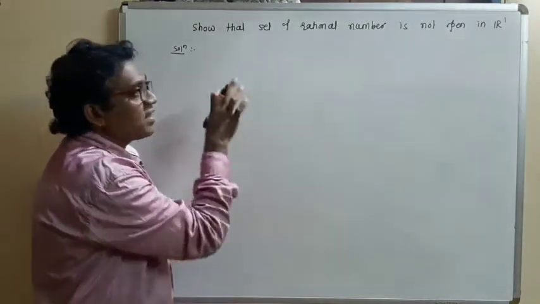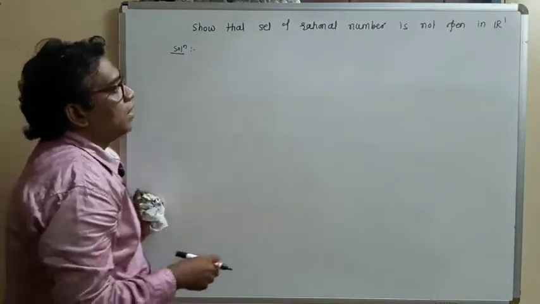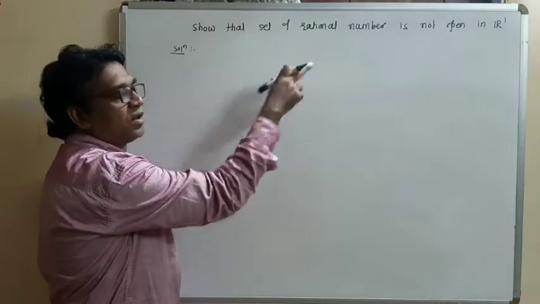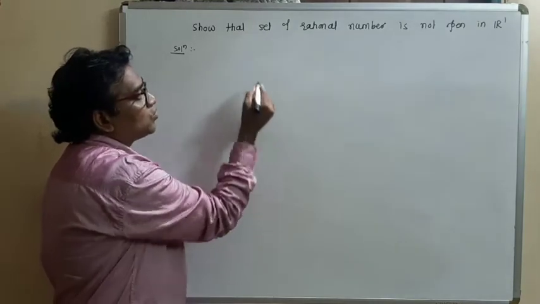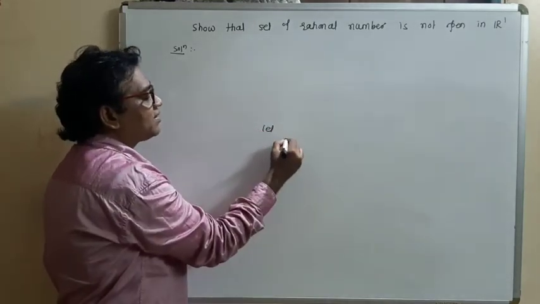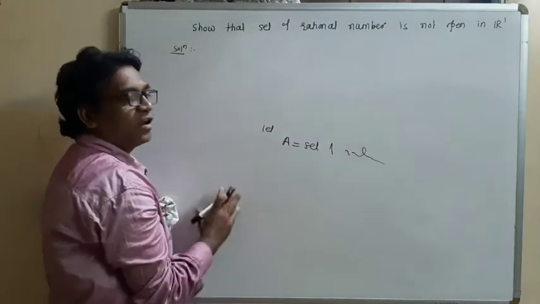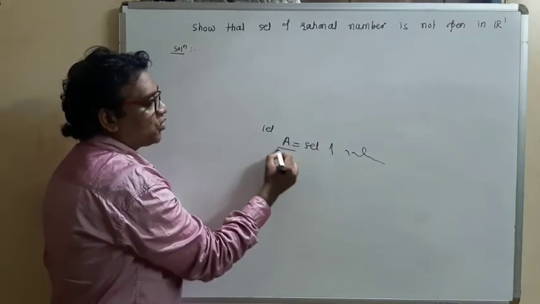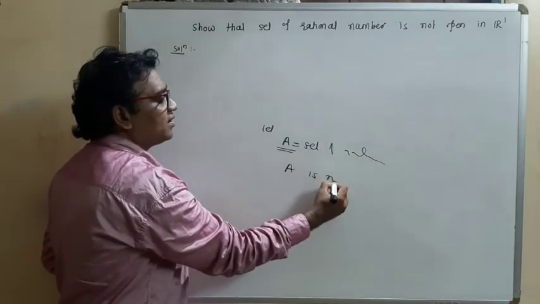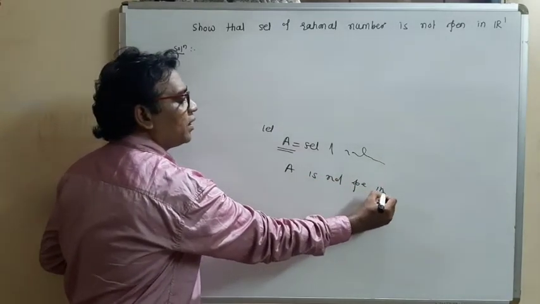This is again the same kind of example. We are given the set of rational numbers. Let us denote this set by A. We want to show that this set A is not open in R1.